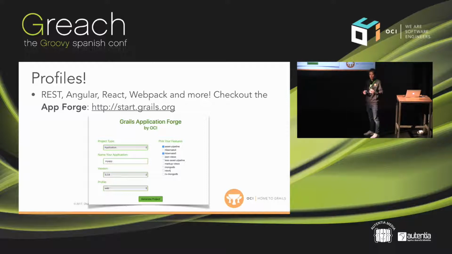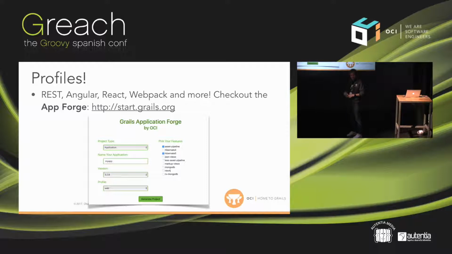So we were able to wrap that API in a web application and publish it at start.grails.org. So you can go to start.grails.org and select your project type and your name and the features you're interested in and the profile you want to use, whether you're going to be building a React app or an Angular 2 app or whatever. You click the generate button and you get a zip file sent down to you with the project setup.